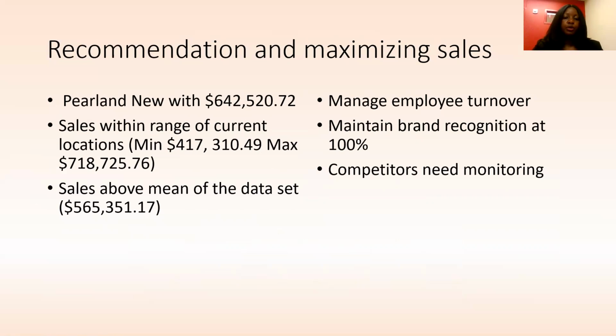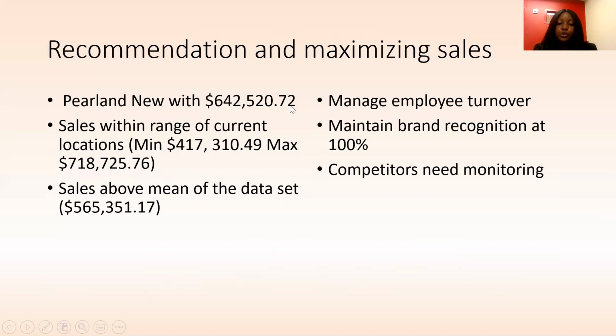In addition to Pearland having the highest expected sales, we also see that the sales range of the current locations, the 200 locations we talked about, has a minimum of 417,310.49 and a maximum of 718,725.76.